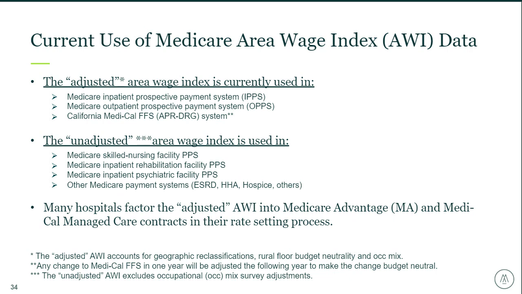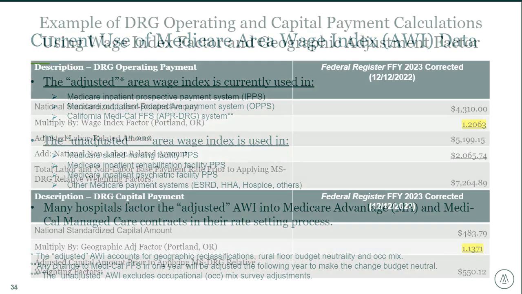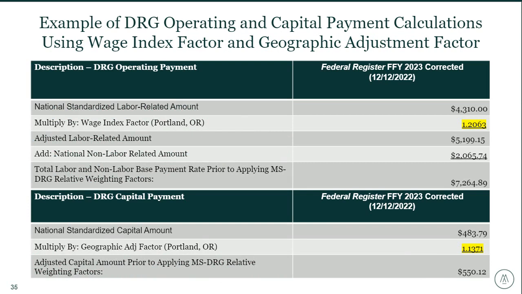Also, please note that the adjusted area wage index accounts for geographical reclasses, rural floor, budget neutrality, and occupational mix as well. And as you can see here is an example of the DRG operating capital payment calculations using wage index factor and geographic adjustment factors.